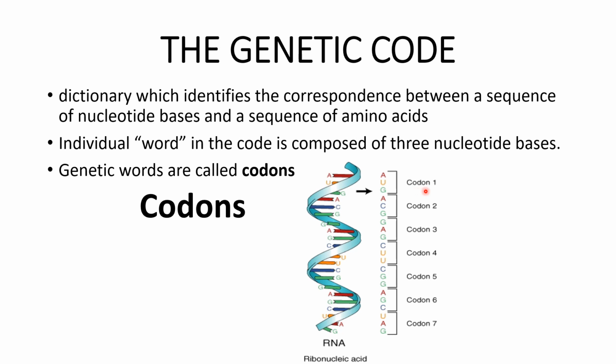A codon actually comprises three nucleotides present on the messenger RNA. In a codon, instead of thymine, uracil is present. So uracil replaces thymine on messenger RNA. The sequence of three nucleotides forms a codon on the messenger RNA.